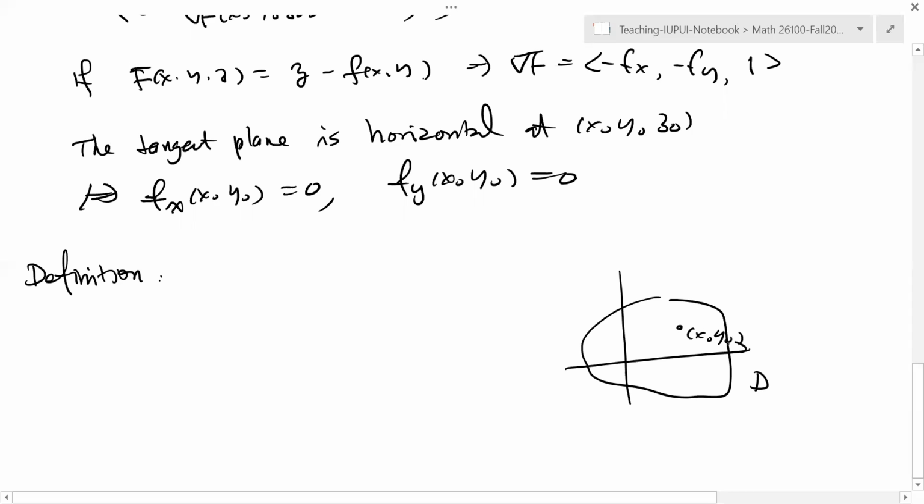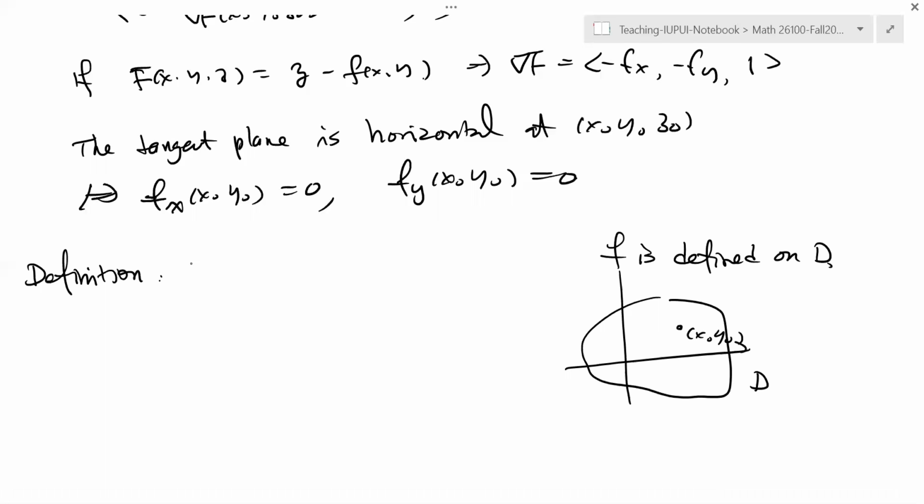We say that a function has a local maximum value if the following is true.